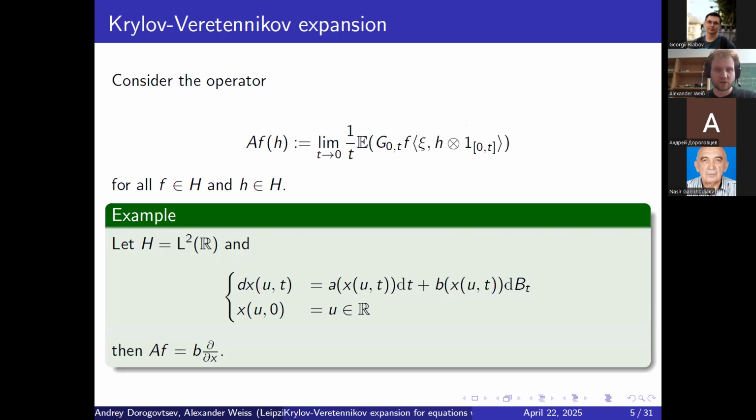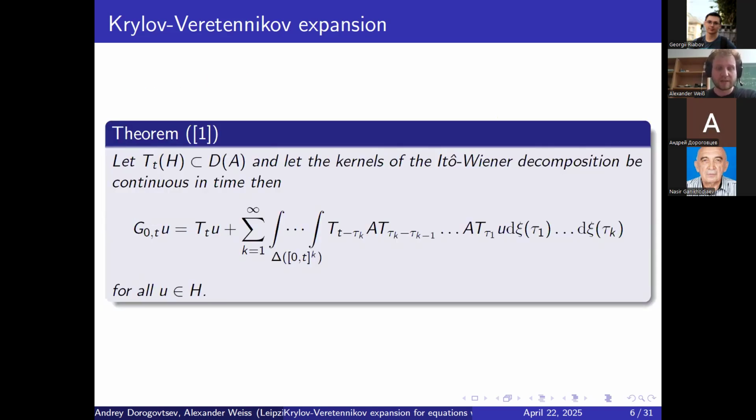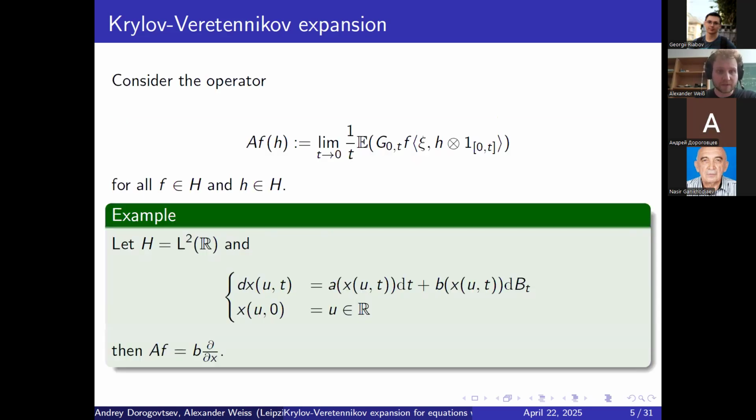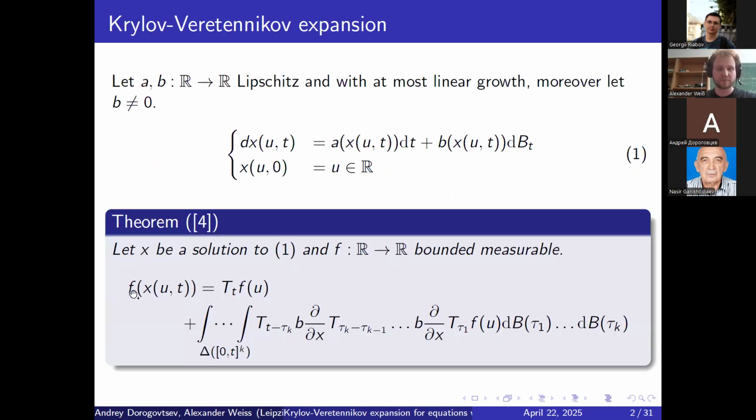Okay, so let me introduce the following operator, which would be this limit of this random family of strong random operators, which would just be, as in the beginning, the function applied to the solution of the SDE.